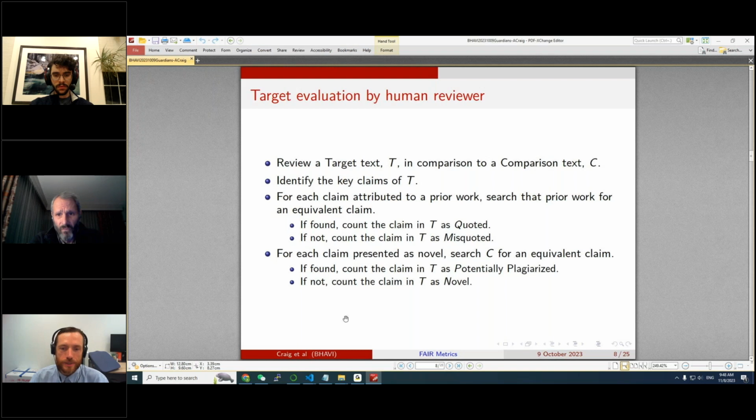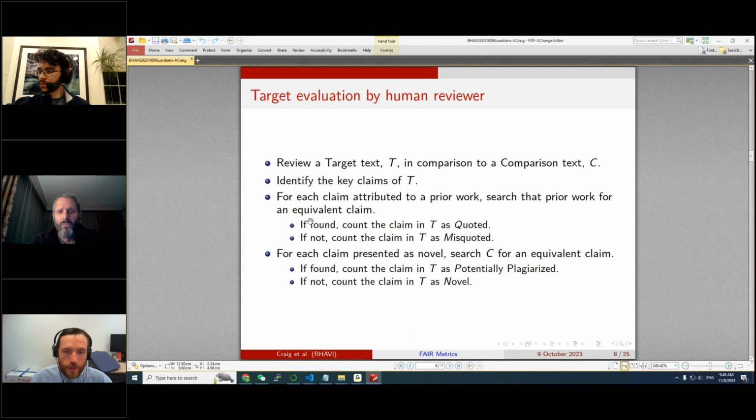But in this case, we're doing a sort of targeted evaluation where we look for plagiarized claims in one particular text that someone has claimed the target text T has plagiarized from.